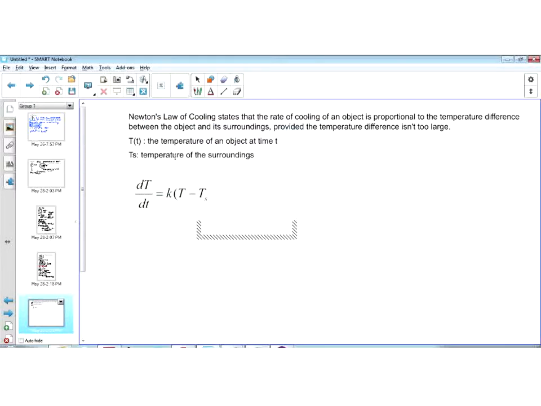So this is Newton's law, the formula that we'll be dealing with. I forgot to close the paren, so we close it like that.